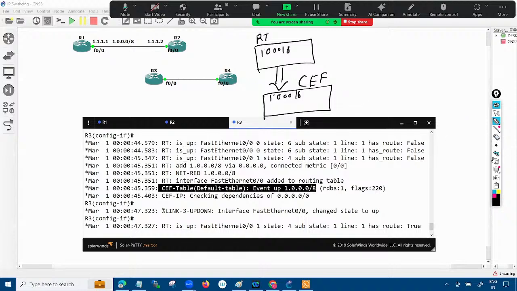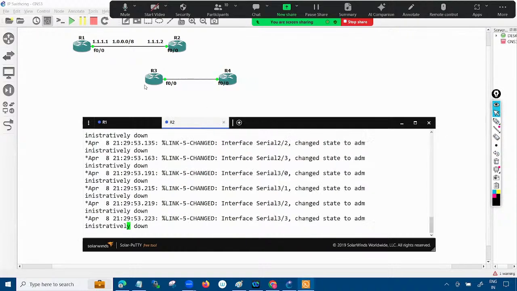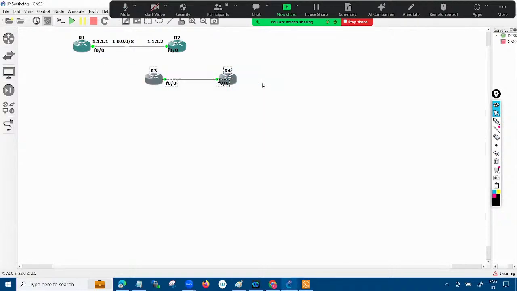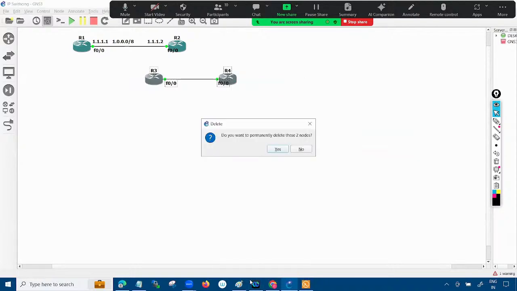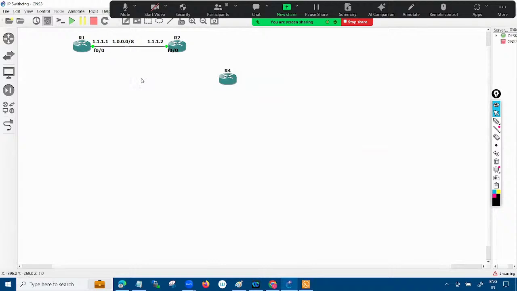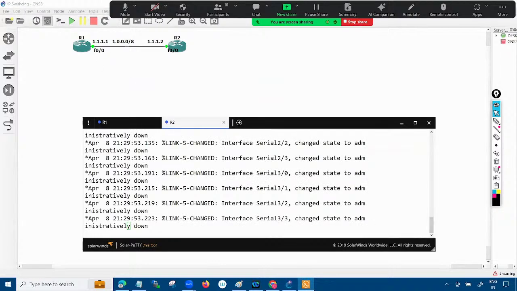Now let's come back to the same behavior on router one. I just want to show you the output, that's all. On router one, I just added this interface. On router two, let's add this one as well.